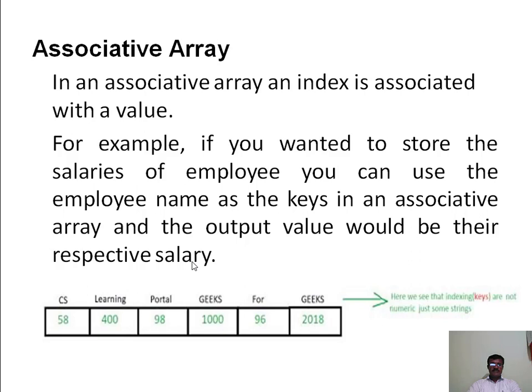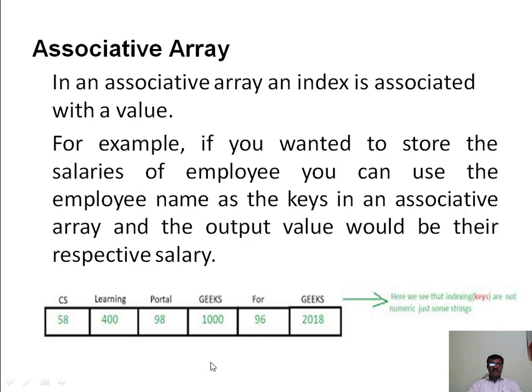Associative arrays have strings as keys and behave more like 2-column tables, where the first column is a key which is used to access the values. By looking at this image, we can understand that here the index values are strings and we can use these strings as keys to access the values of that array element.